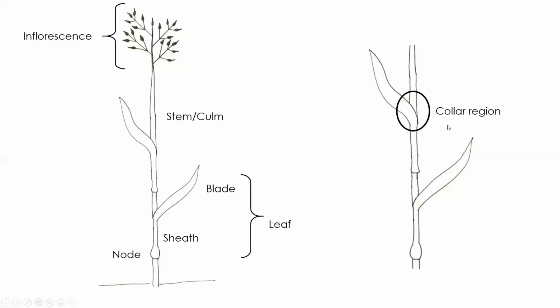That is usually used to refer to this general area where the leaf blade joins the stem and forms the sheath, okay? So this collar region is where we're going to look for some important characteristics that we'll use in identifying grasses. And the first one we're going to look at is something called a ligule.